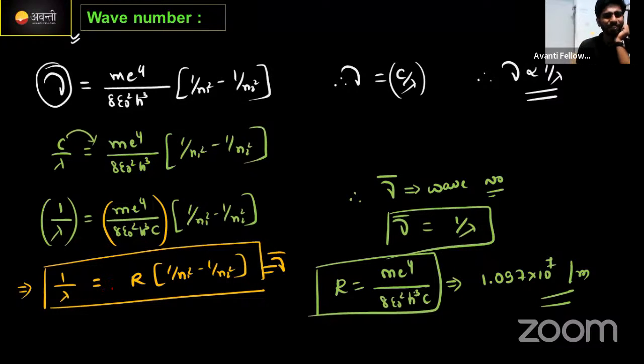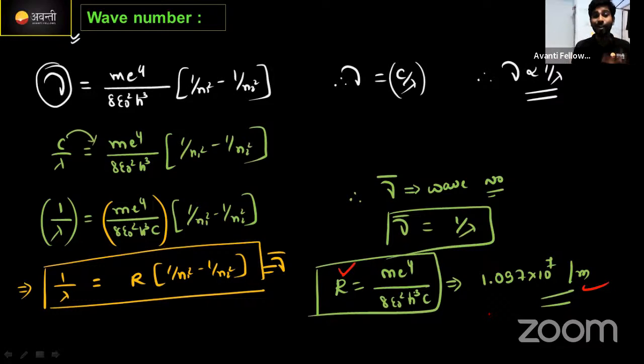It's a constant, no? Definitely, I thought like this only. Rydberg constant means it's a constant physical quantity. A constant physical quantity does not have a unit and a dimensional formula. But here there is a unit, no?